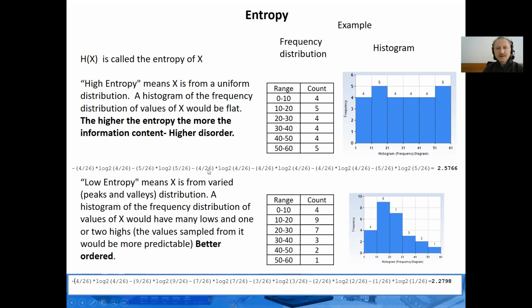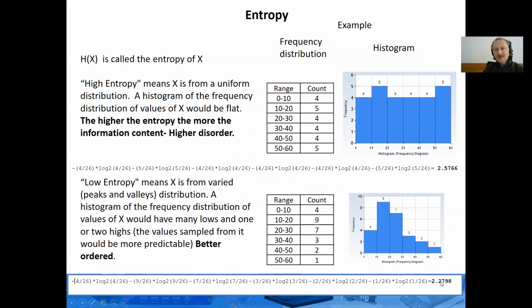Here there's one thing. For example, think of your population: four of them have an age between 0 and 10, five of them between 10 and 20, like that. When you calculate their entropy, you'll see 2.5. In another group, the ages are distributed like that.